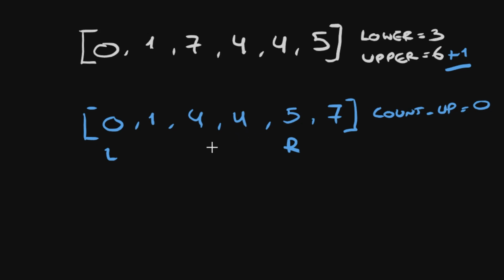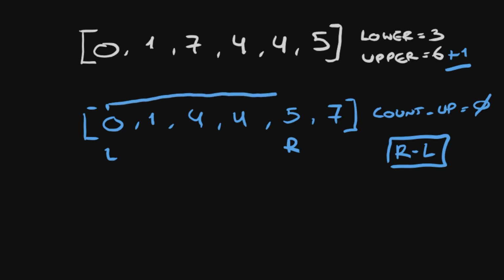So what this means is we can add to our count R minus L pairs, because this is a valid pair, and remember this is sorted, so 0 plus every value in between will also be valid. 0 plus 1 is valid, 0 plus 4 is valid, and 0 plus 4 is also valid.